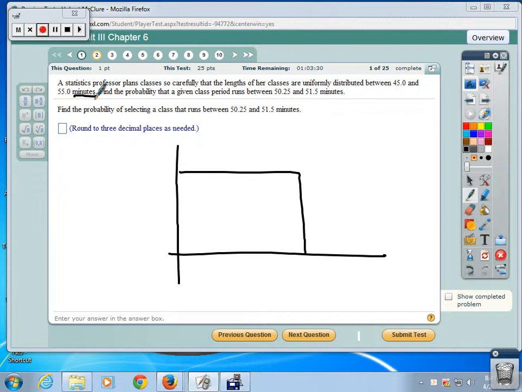Alright? So they go 45 and 55 minutes. So 45 is here and 55 is here. So therefore, X is what? Your base is 10. So change that to X, change that to base. We all know that the area under the curve or the box is 1.